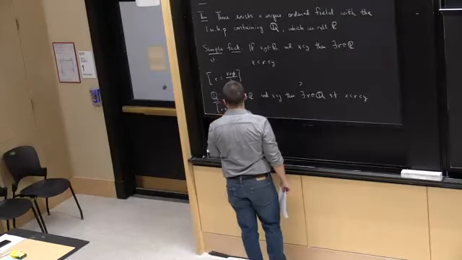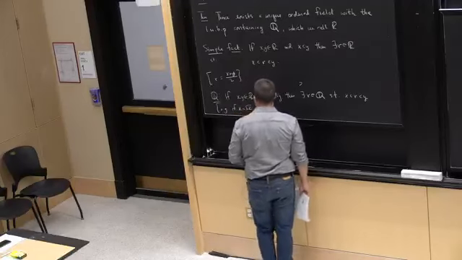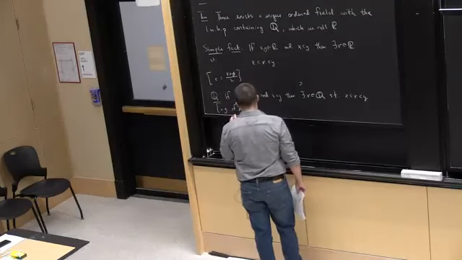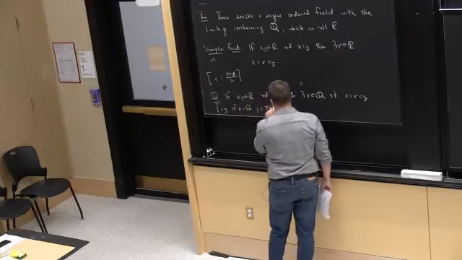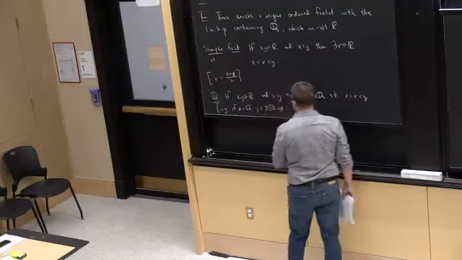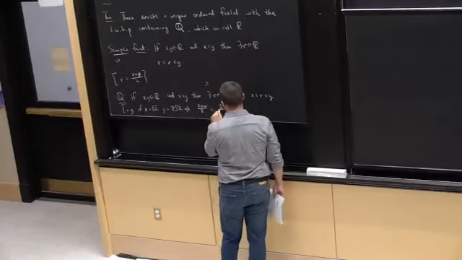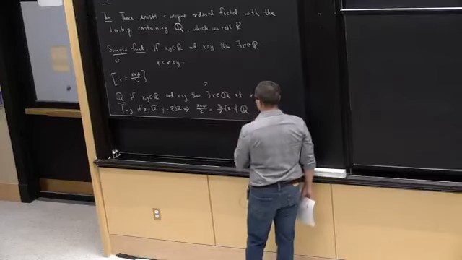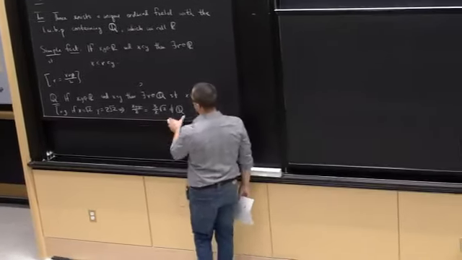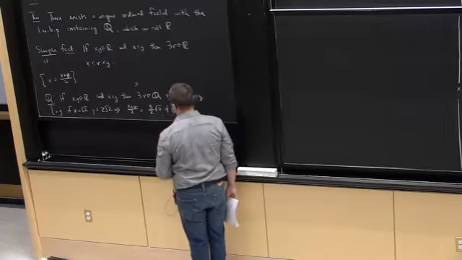So for example, if x equals root 2 and let's say y equals 2 root 2, then (x plus y) over 2 equals 3 halves root 2, which is not a rational number, because if it were, then I can multiply through by 2/3 and say the square root of 2 is a rational number.